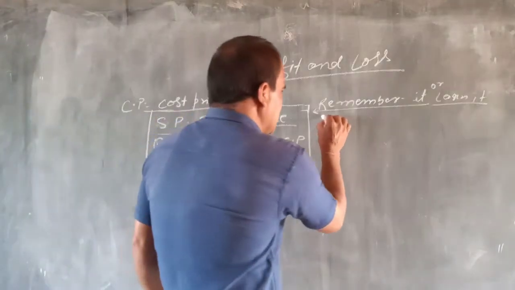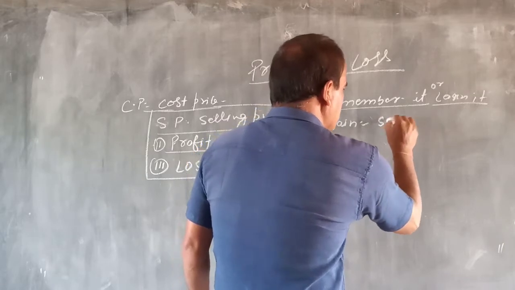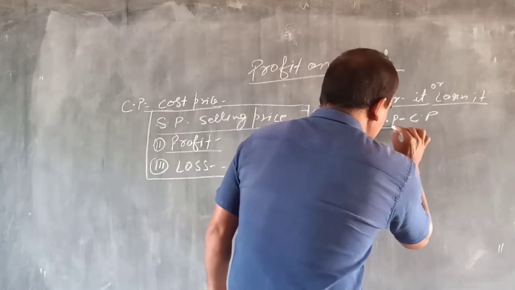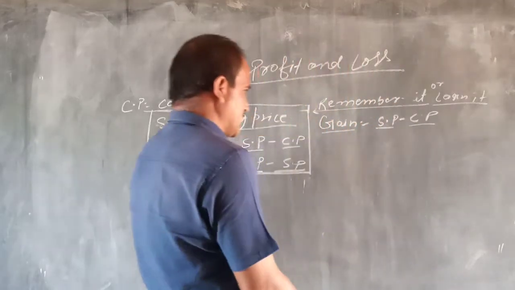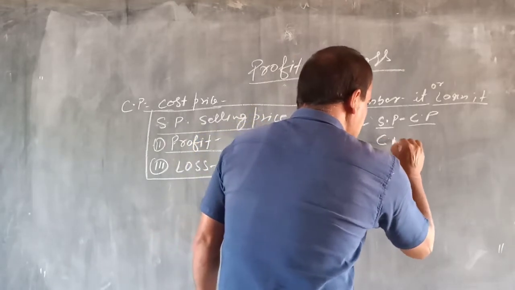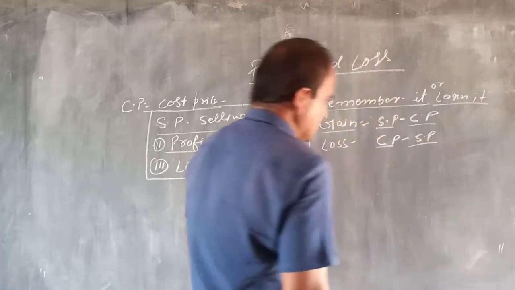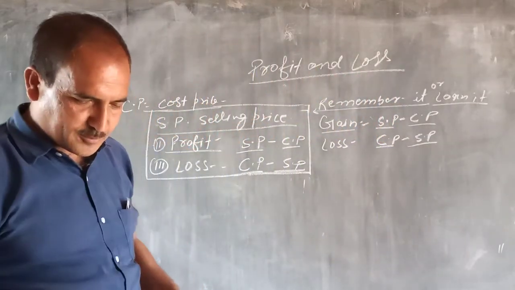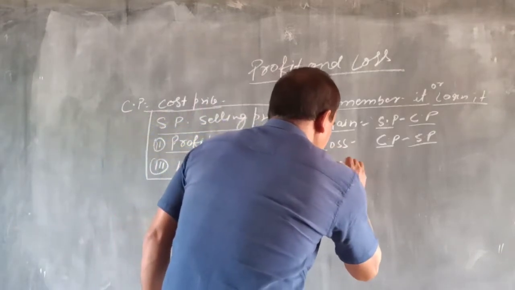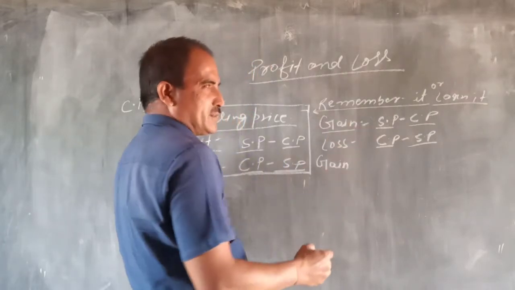If you have to find gain, gain is equal to SP minus CP, or selling price minus cost price. If you want to find loss, then it is CP minus SP, cost price minus selling price. If you want to find gain percent, first understand that gain means profit.